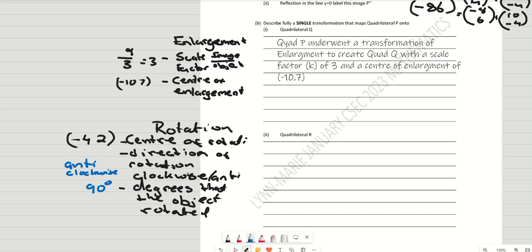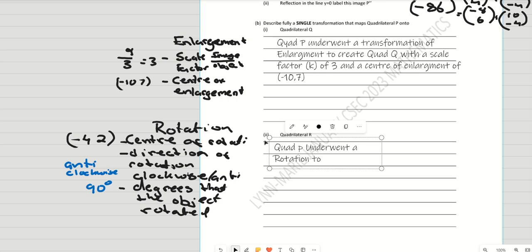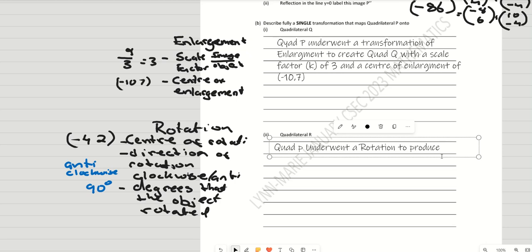Right? So now that we have this, let's write out what you're going to say. You're going to say, again, quad P or quadrilateral P underwent a rotation to produce, or create, quad, what is the name of this? Quad R, right?